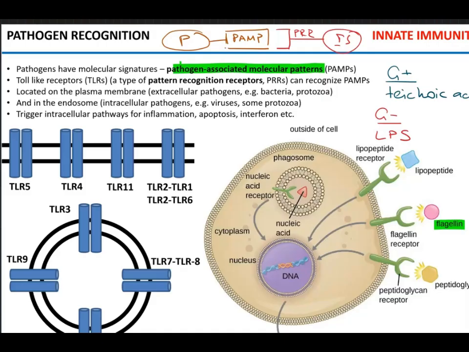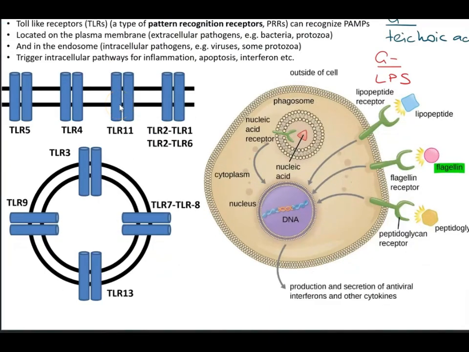Okay, is that clear? Full disclaimer, there are a lot of them. I mean, PRRs, the receptors, there are a lot of them. I give you just a taste of it. These are so-called toll-like receptors, one type of them. Okay, and they are membrane-bound receptors. Obviously, please do not memorize any numbers here.